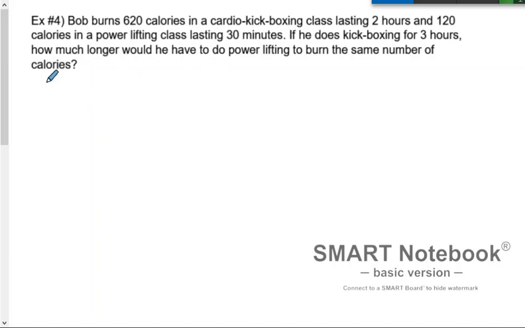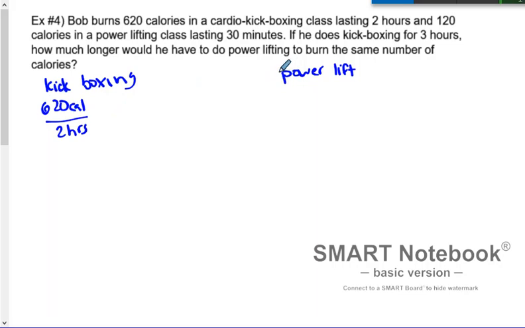Okay, so let's take a look at our kickboxing versus our powerlifting. So for our kickboxing, he burns 620 calories in 2 hours.